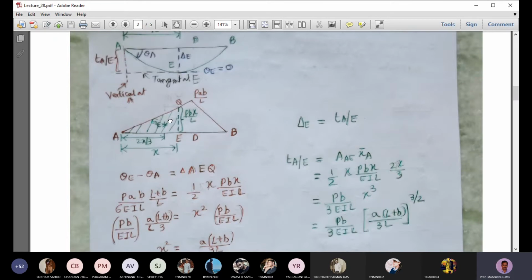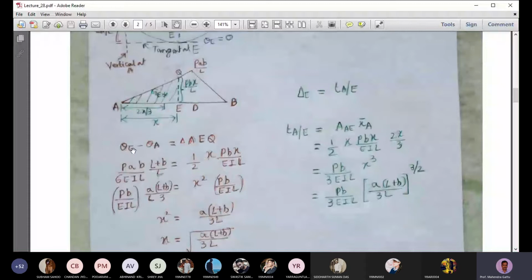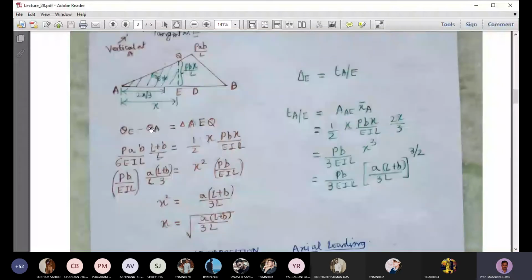Then we can find out the x value, since we already know theta E. Theta E minus theta A is equal to the area under AE, that is AEQ. Minus theta A is the absolute value, because theta is negative, so minus of theta will be positive.